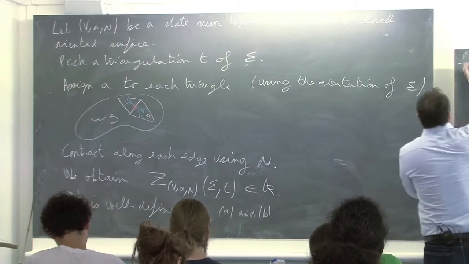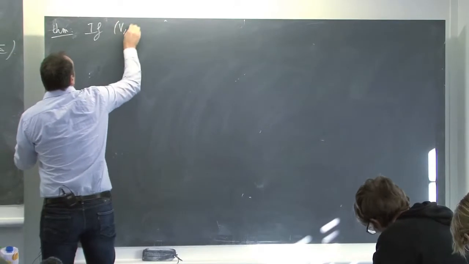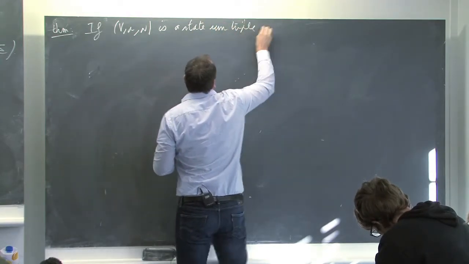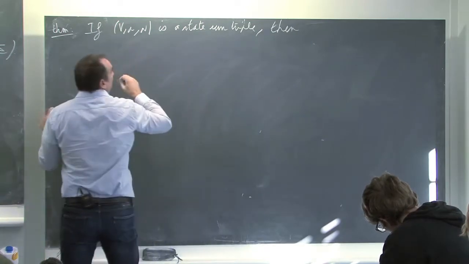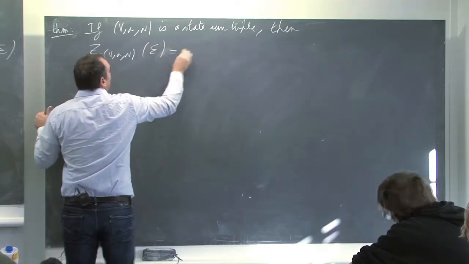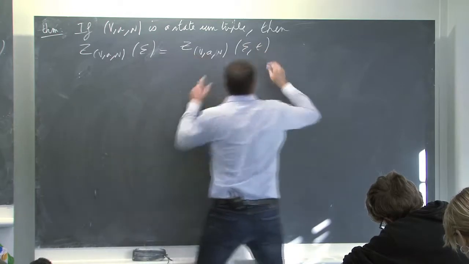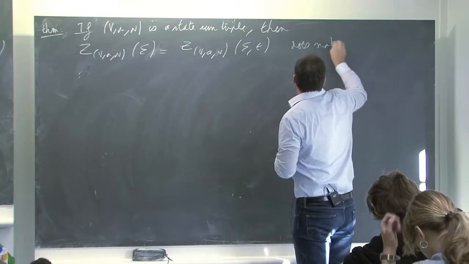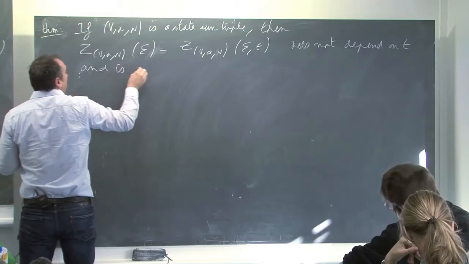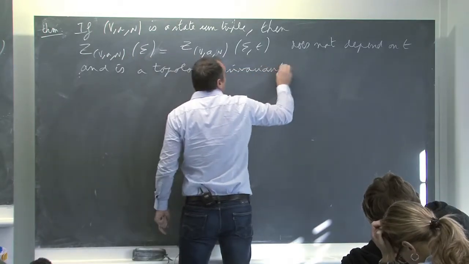If (V, A, μ) is the state sum triple, then this number does not depend on T and is a topological invariant of Σ.